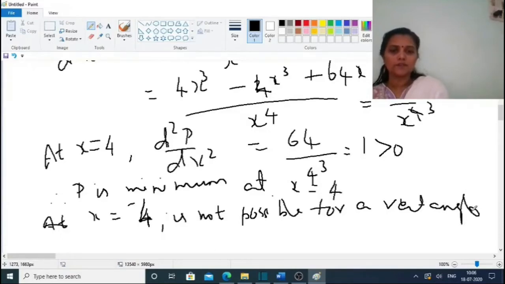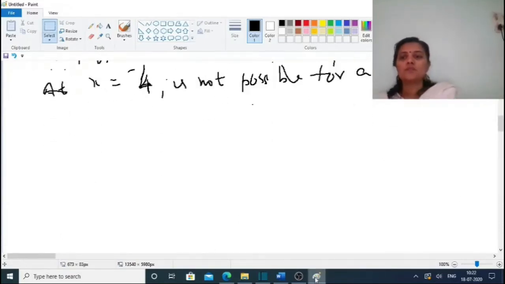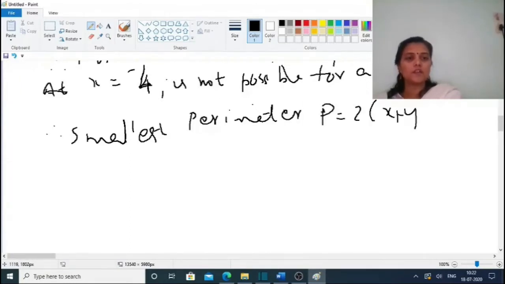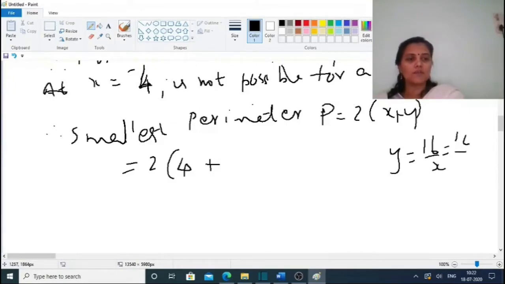Therefore the smallest perimeter is, at x equal to 4, p is equal to 2 into x plus y, which is equal to 2 into, x equal to 4, y is equal to 16 by x, which is 16 by 4 is equal to 4.